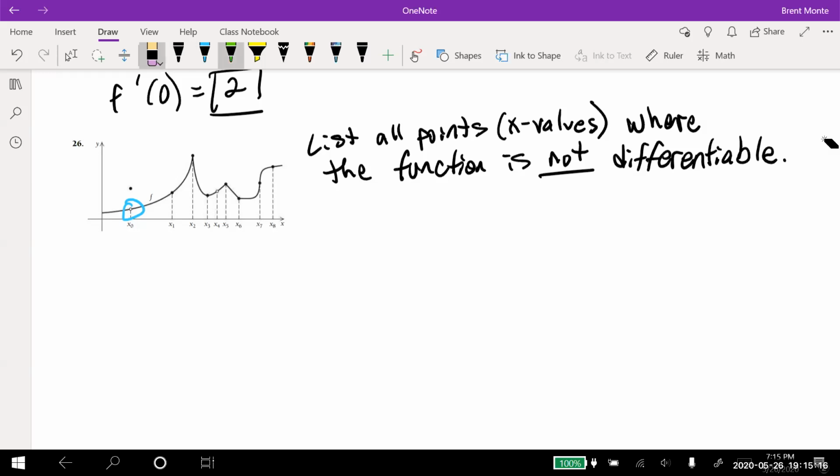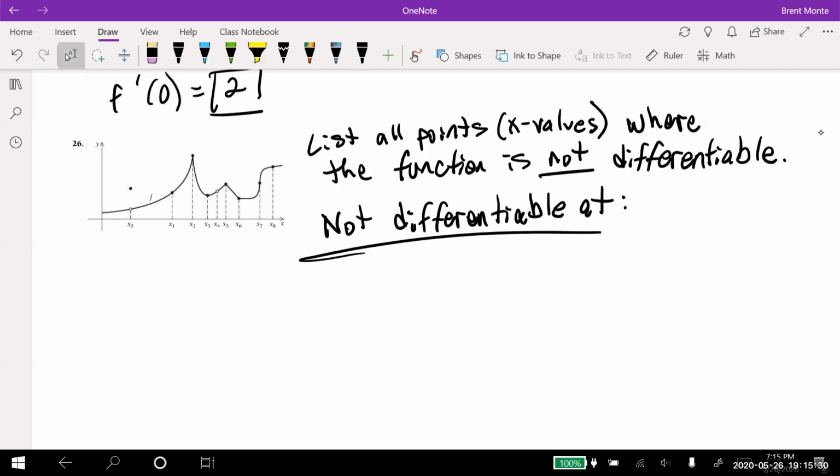So the first one we're going to list, we'll say not differentiable at, well, we'll start with x sub 1. The reason is not continuous.